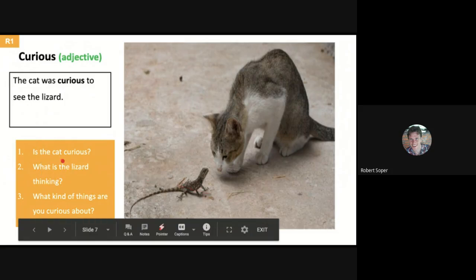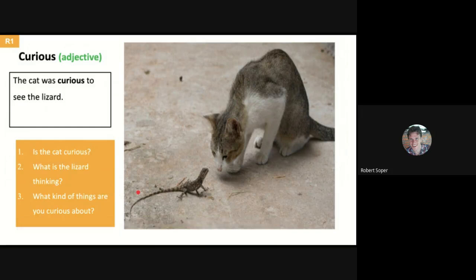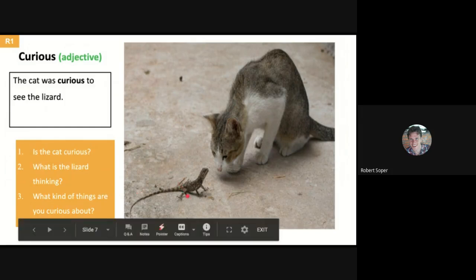So now that we know the cat is curious, what is the lizard thinking? Try and answer that question. Well, in fairness, the lizard also looks curious.